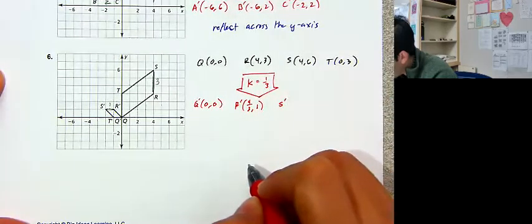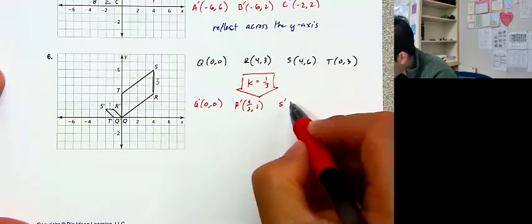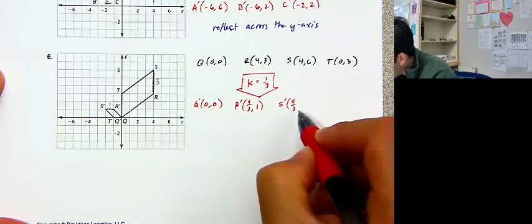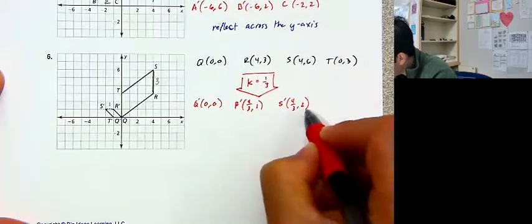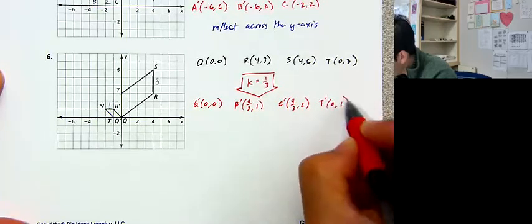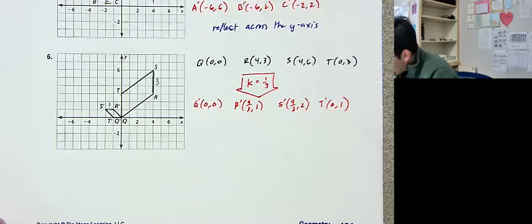If I multiply that by 1/3, it's going to be 4/3 and 2. If I multiply that by 1/3, it's going to be 0 and 1.